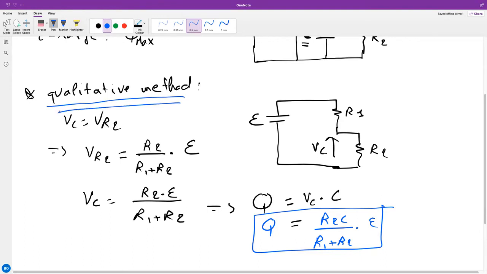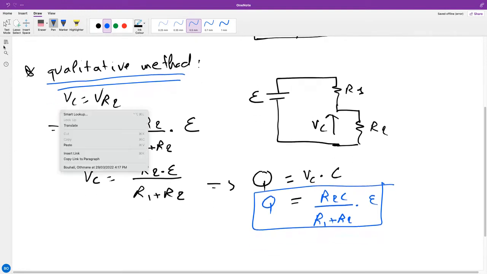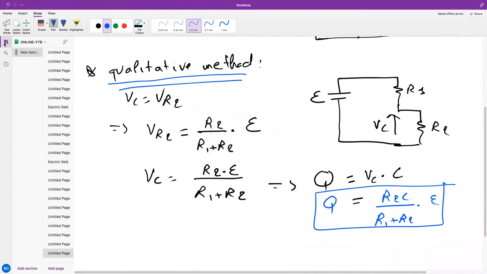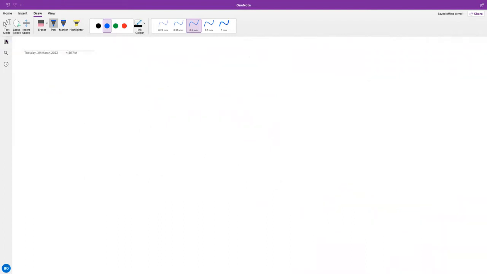Now we can do the quantitative method, which means an analytical method using Kirchhoff's law. Here I will start a new page to explain this. So my circuit will become the following.